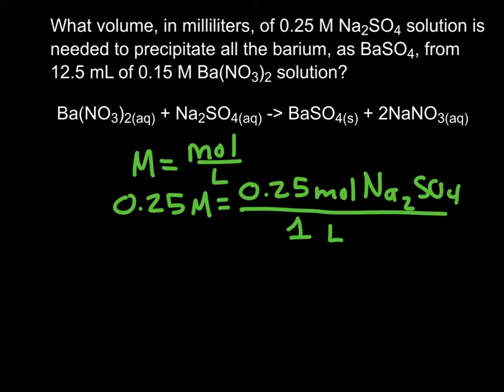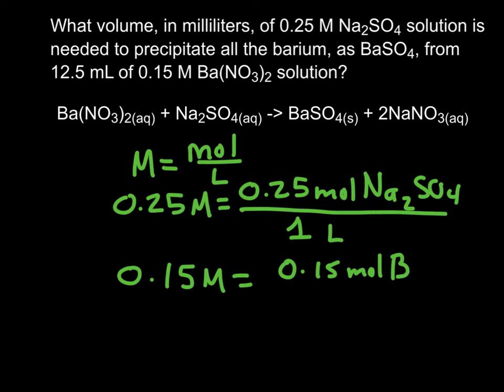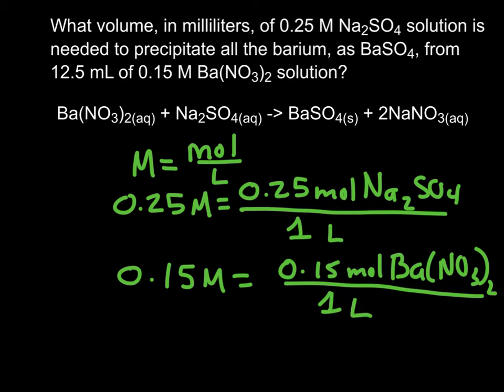We also can write the same thing for our barium nitrate. So instead of writing 0.15 molar, we're going to use 0.15 moles of barium nitrate per 1 liter. If you look at the fraction, these are conversion factors. We may have to flip them, but they're usable for us in dimensional analysis.